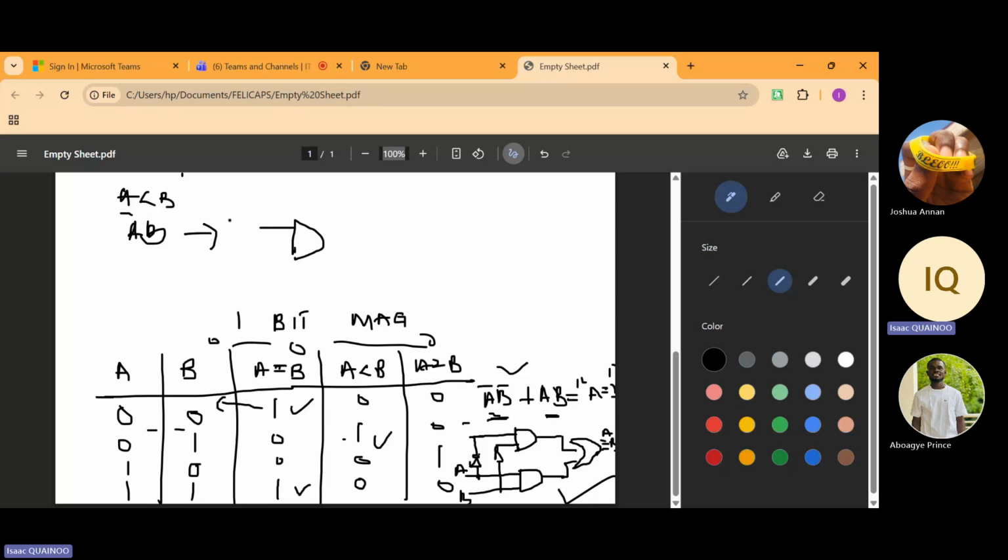And then you have A bar and then B. Or you can also prefer to say A, B, and then decide to invert your A. Some might also prefer to go this way, but it is all the same thing. We are going to get A bar B. So same thing, either you just go this way or that way.